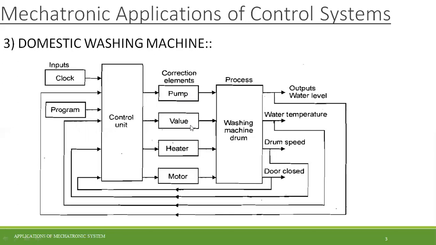Valve is nothing but the axis being moved or directional changes being done based upon the instructions given from the control unit. Next, if a heater is necessary for heating the water, then the heater will be switched on, or else the motor will be switched on for rotation of the drum.